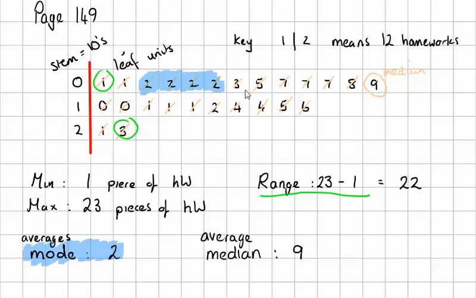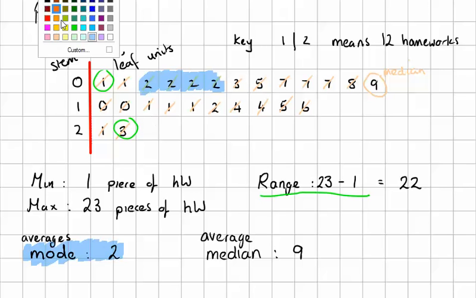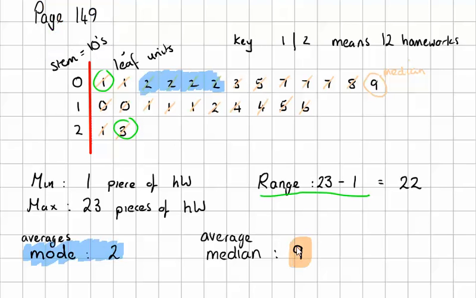And then you had the median. The median was the one in the middle when you crossed them all out. So you've got your 3 things that you have to be able to do. Make sense? Easy enough?